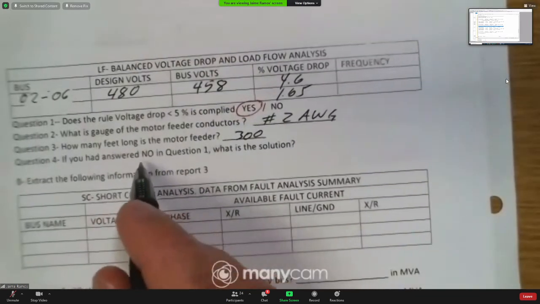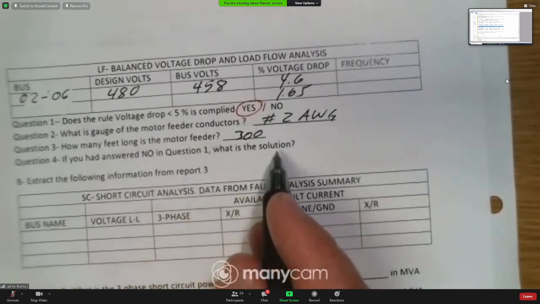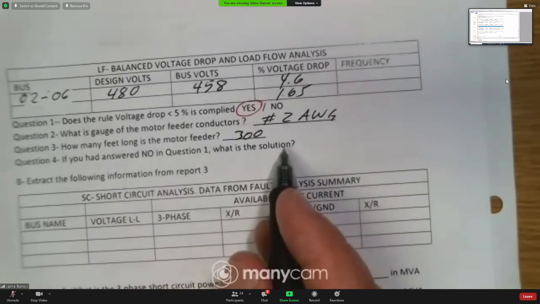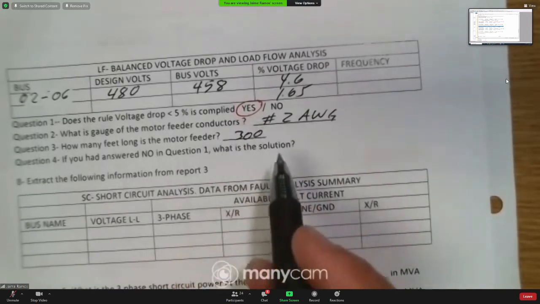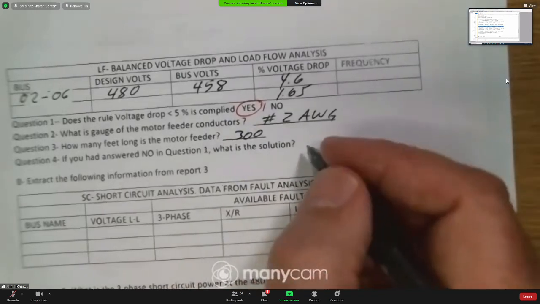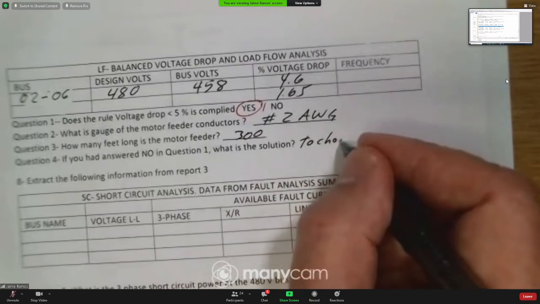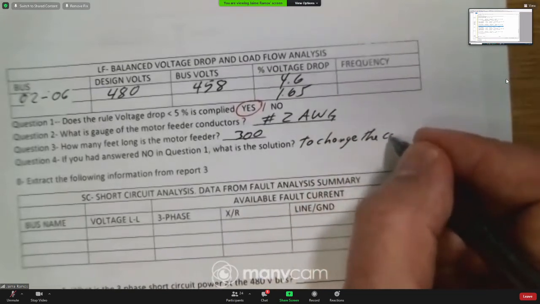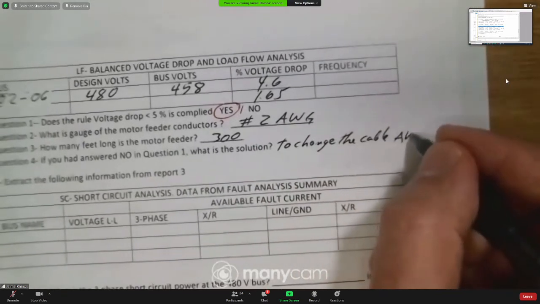If you had answered no to question 1, what is the solution? So if the voltage drop is higher than 5%, then the solution is to change the cable AWG.